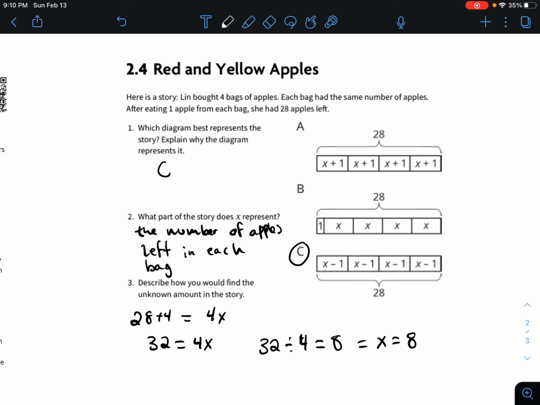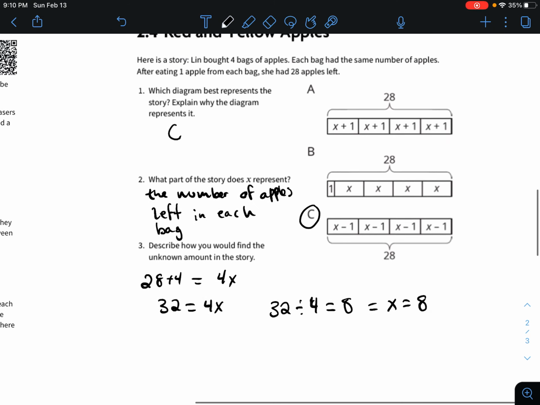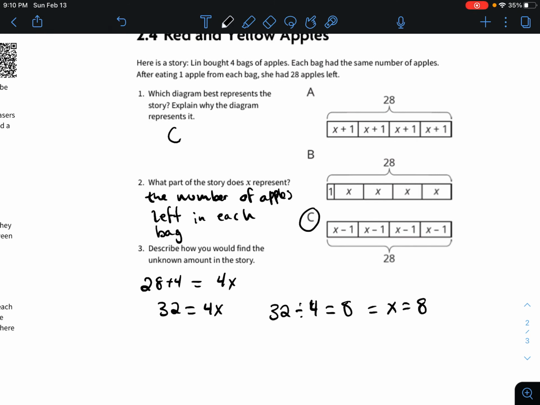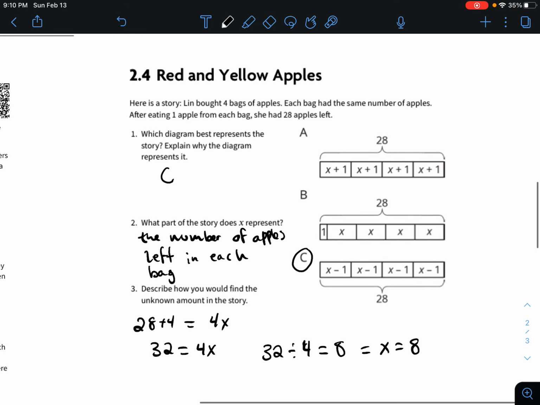And if you plug it in, that works, because 8 minus 1 is 7, and you have 7 four times. 7 times 4 is 28. All right, and that's just going over those tape diagrams. There'll be problems attached to the notes for you to work on through the rest of class.